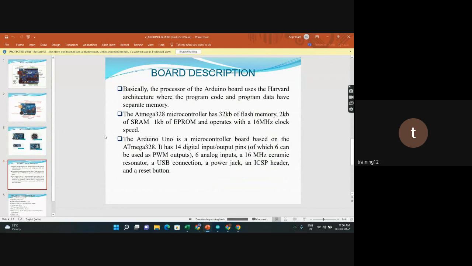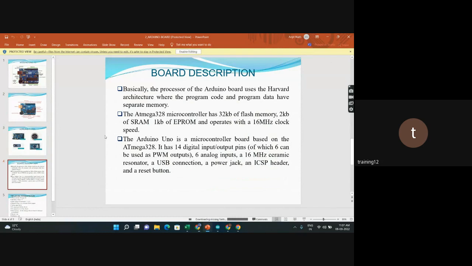The Atmega 328 microcontroller has 32 KB flash memory, 2 KB SRAM, 1 KB of EEPROM, and operates with a 16 megahertz clock speed. So Arduino Uno is a microcontroller board based on Atmega 328.